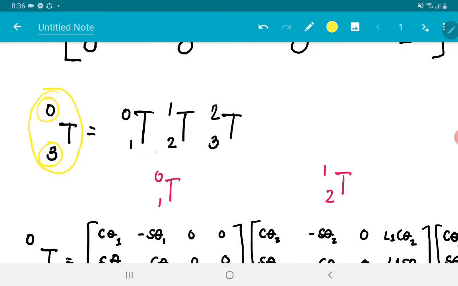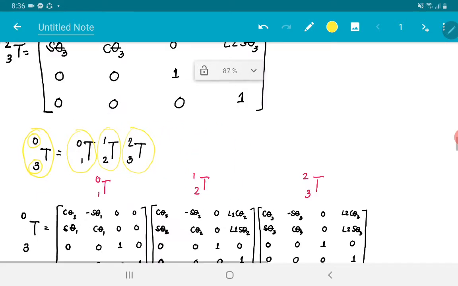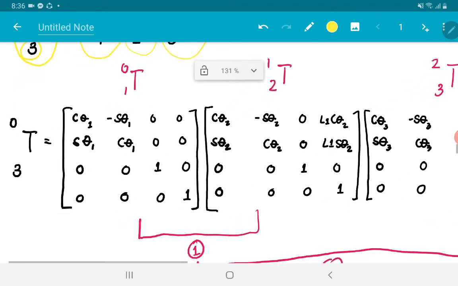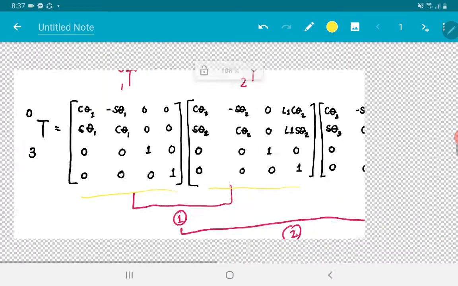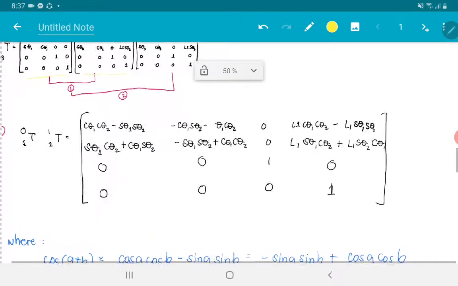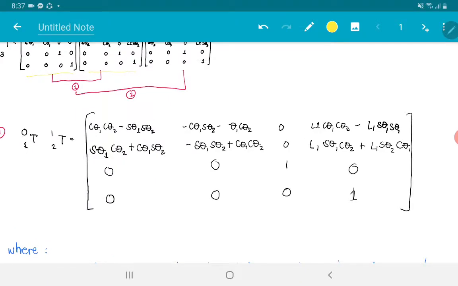So this is going to be done by multiplying each of the transformation matrices we have calculated. So doing that, multiplying this matrix with this matrix, we can have this equation.